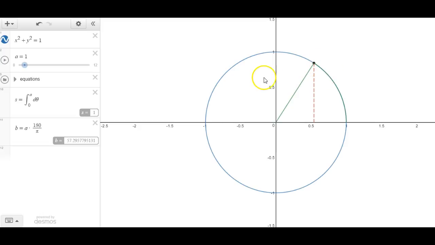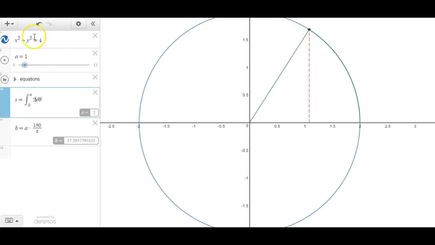We're a little bit beyond that, so you can see we're about 57.3 degrees. That's 57.3 degrees, but that's what we call 1 radian. A here is a radian measure. So 1 radian is when the arc length from here to here is equal to the radius.